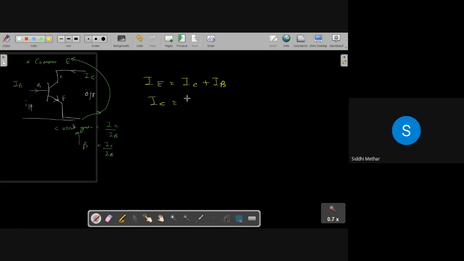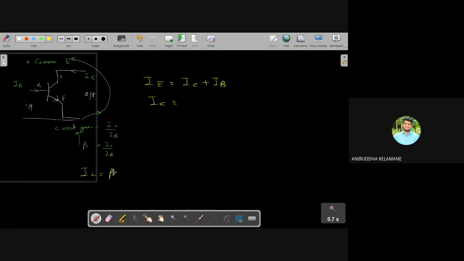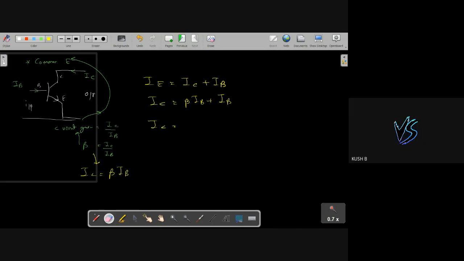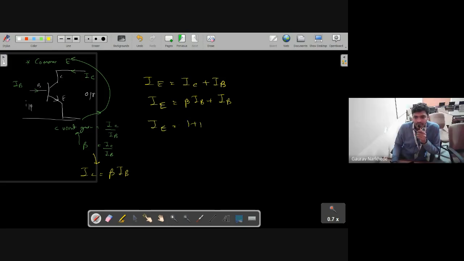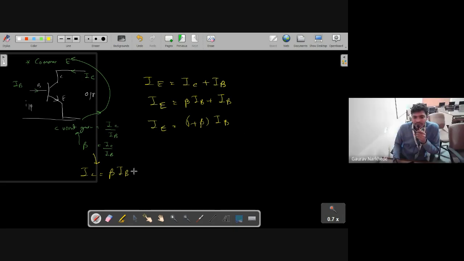See, IC is equal to beta times IB, so IE is equal to beta times IB plus IB, so IE is equal to 1 plus beta times IB. बराबर है. Right. So this is your equation number 3. This is your equation number 4.